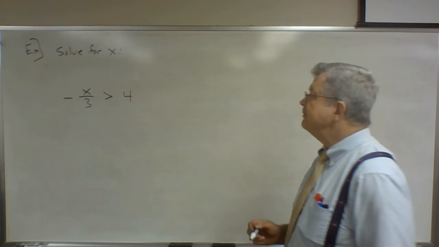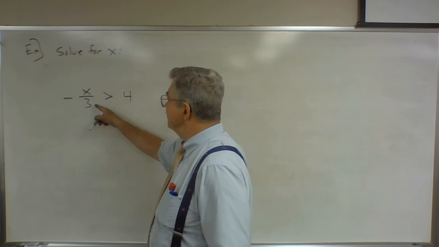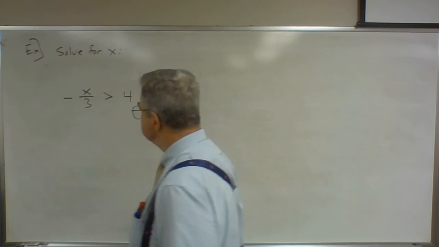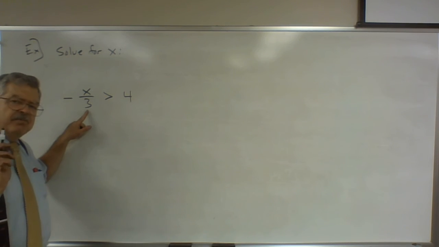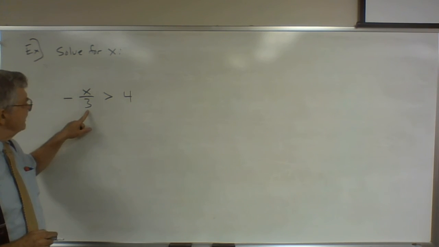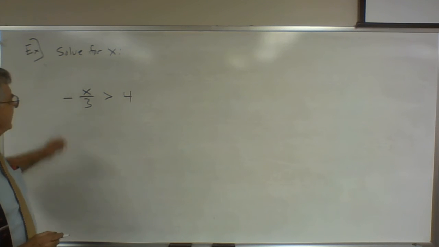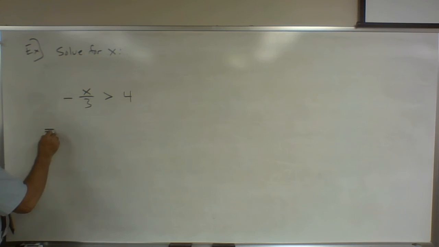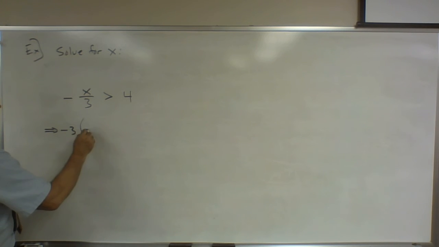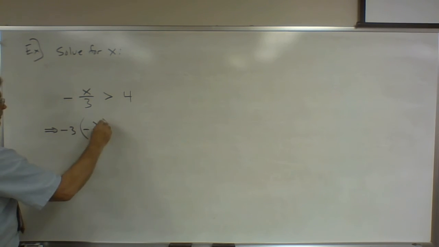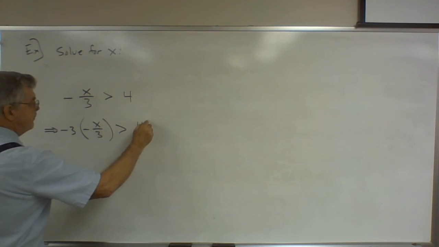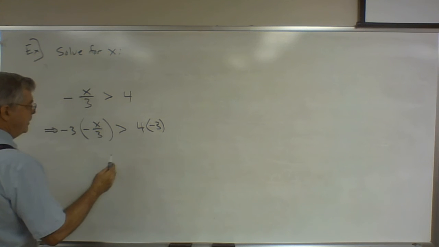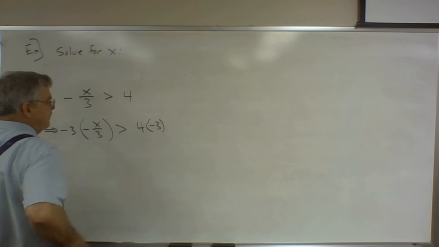Solve for x. -x over 3 is greater than 4. I want to get rid of the 3 because I'm a bitter person and I hate fractions. I also want to get rid of the negative sign. So I'm going to multiply both sides by -3. And let me write it this way.